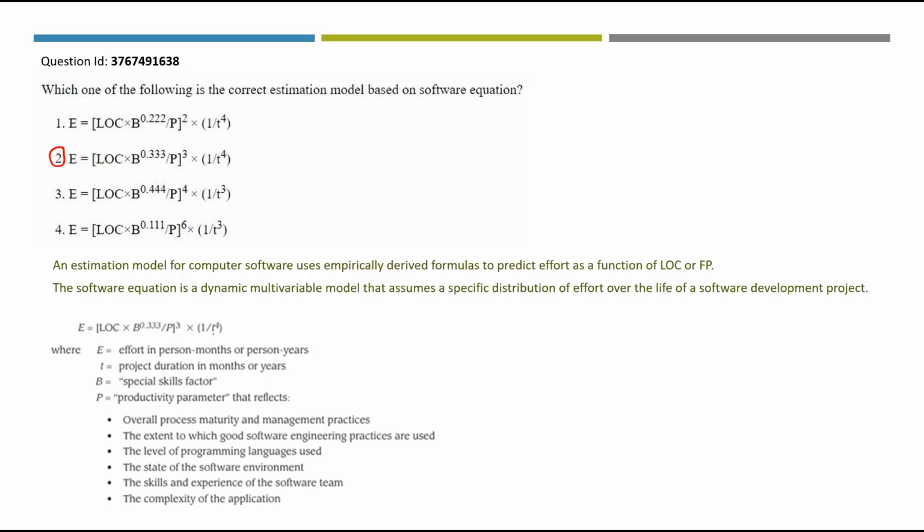The capital B is special skills factor and the capital P is productivity parameter that reflects overall process maturity and management practices, the extent to which good software engineering practices are used, the level of programming languages used, the state of the software environment, the skills and experience of the software team, the complexity of the application. So just have an idea about all the variables that are used in the equation. It might be useful for you in some other question paper.